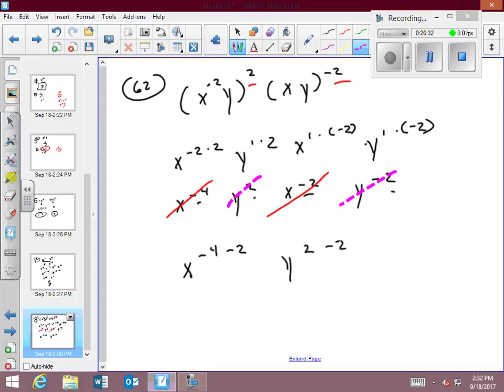Now I'm ready to combine my exponents. This is going to be x to the what power? -6. Okay. Y to the 2 minus 2. 2 minus 2 is what? 0, right?